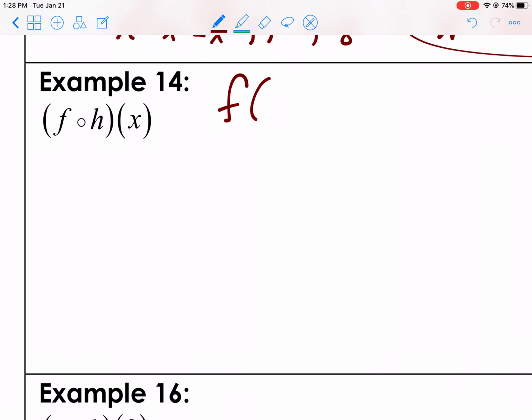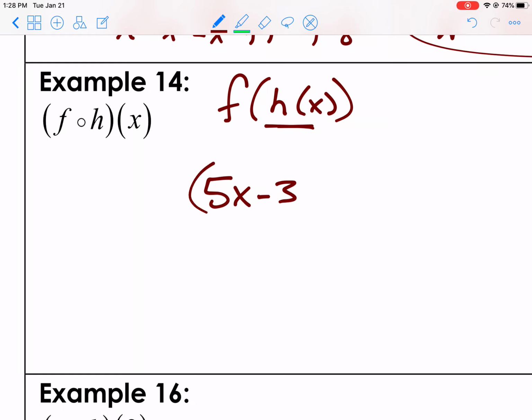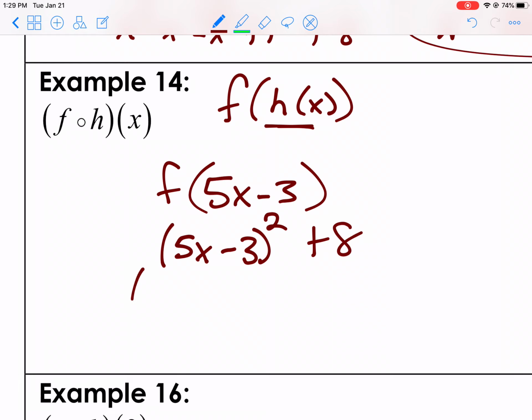This is looking for f of h of x. Start on the inside. H of x is 5x minus 3. So we're looking for f of 5x minus 3. F is x to the third plus 8. We're going to replace the x with the expression 5x minus 3. Oh, sorry, I said change it to the second, plus 8.